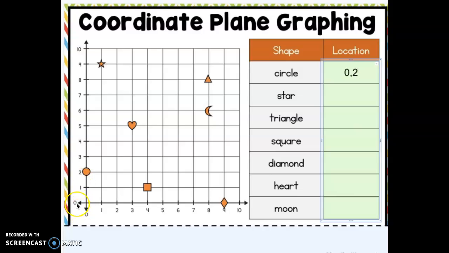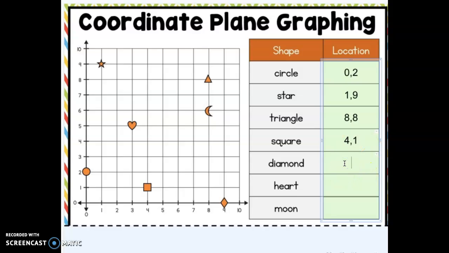The star, it went over 1 and it went up 9. The triangle, it went over 8 and it went up 8. The square, it went over 4 and it went up 1.